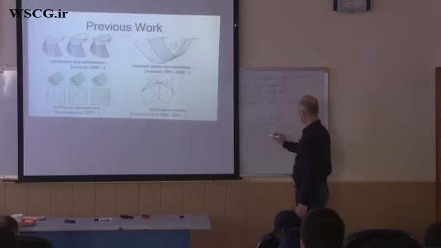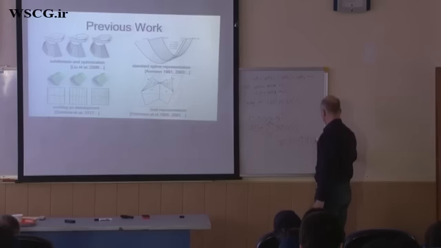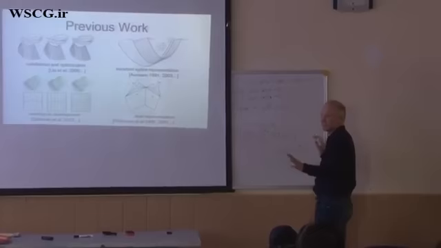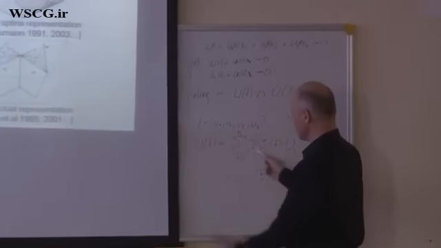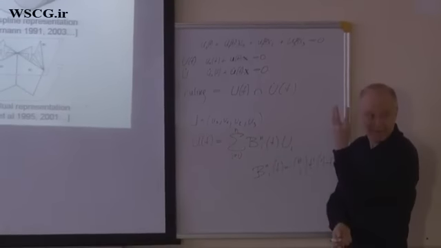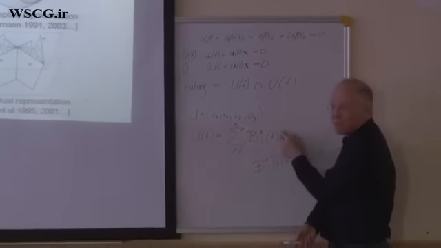This i goes from 0 to n. Of course, b_i^n of t is n choose i, t to the power of i, times 1 minus t to the power of n minus i. This is Bézier. And now this looks like a representation of a Bézier curve, but in general, when you have a Bézier curve, you look for points.